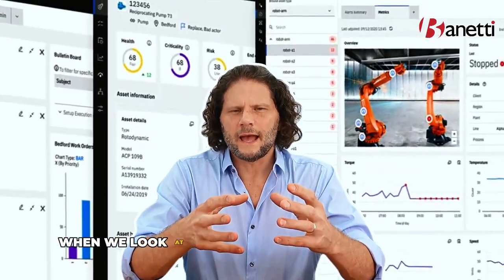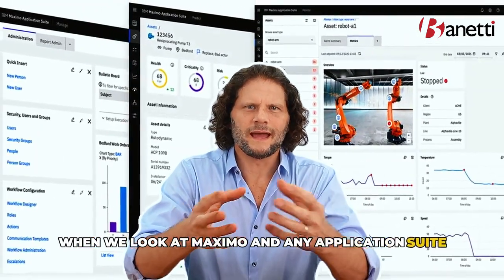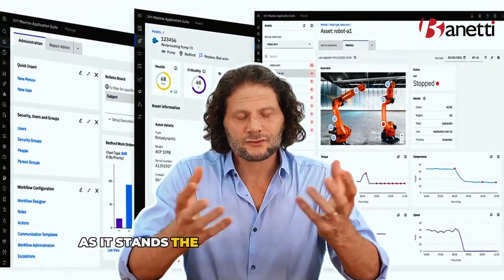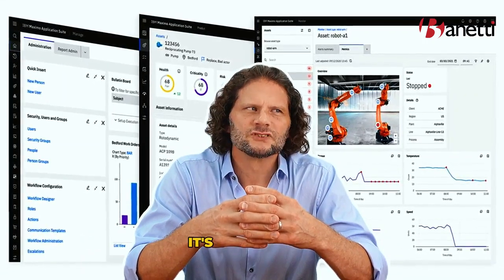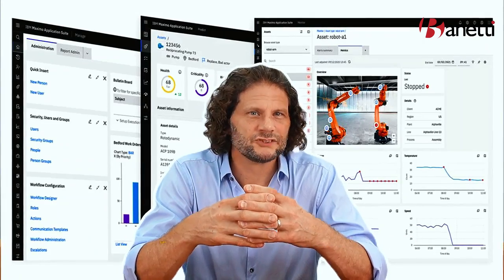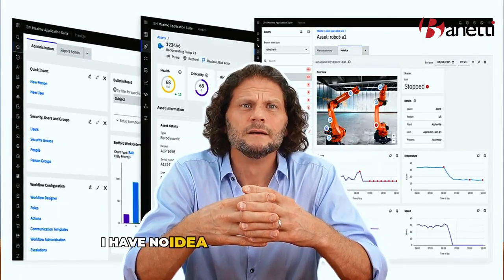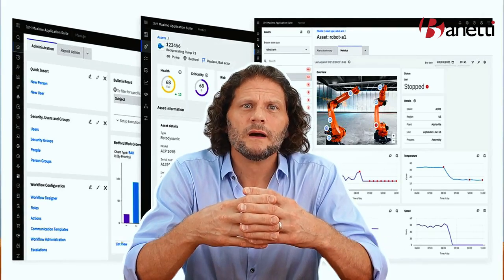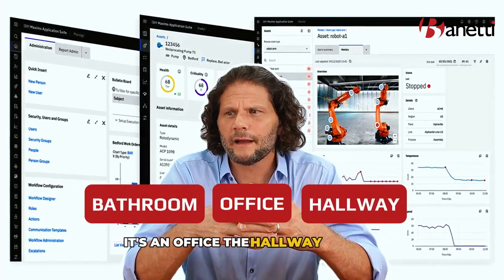So when we look at Maximo and the application suite as it stands, the truth of the matter is there's no context in there. It's just another wheel, just another pump, just another whatever it is. I have no idea. A light bulb's a light bulb. I don't know if it's in the bathroom, an office, the hallway, outside.